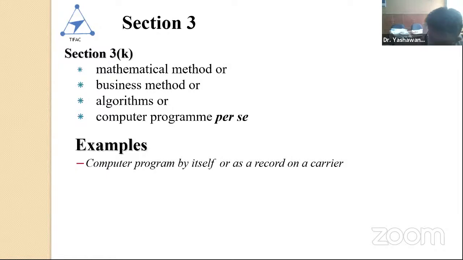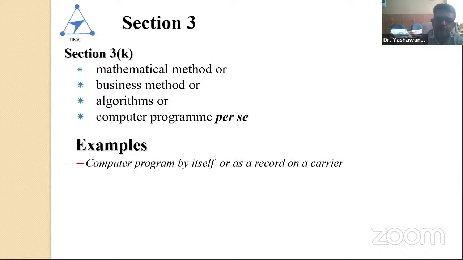Here, a lot of mathematicians complain to us that a mathematical method, a business method, or an algorithm are not patentable. Then they say a computer program also cannot be patented.